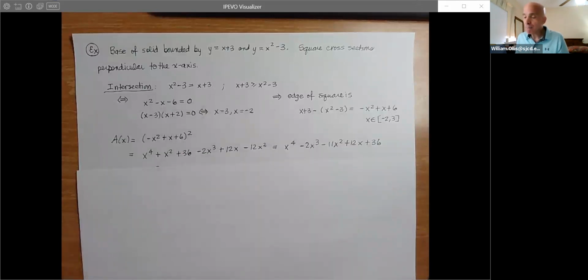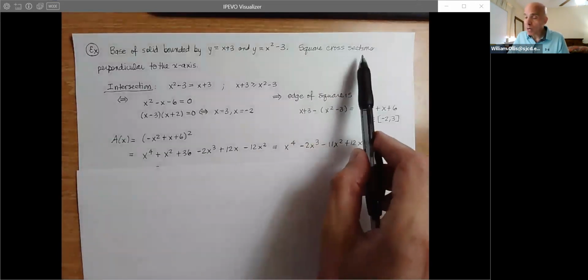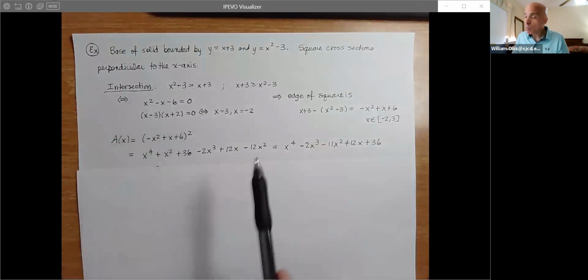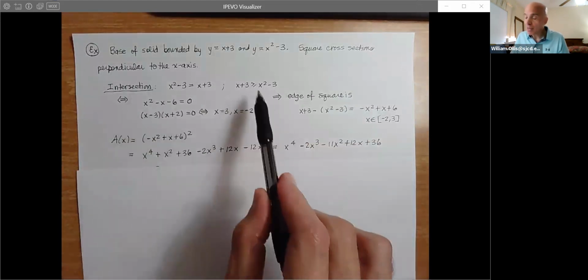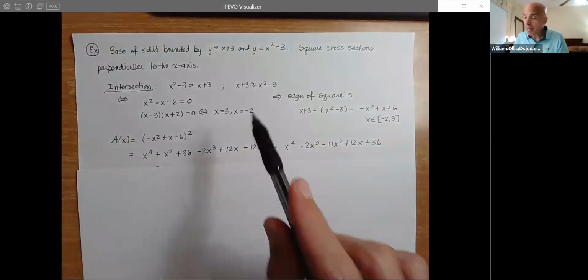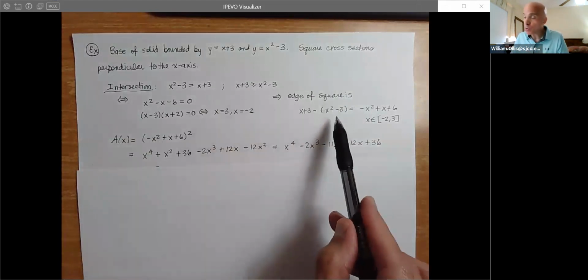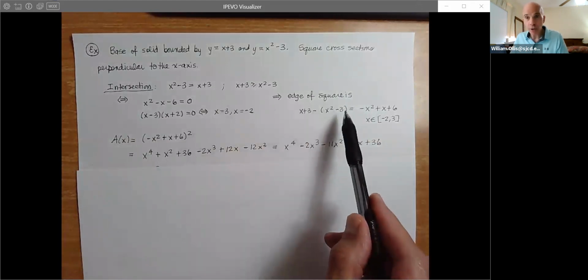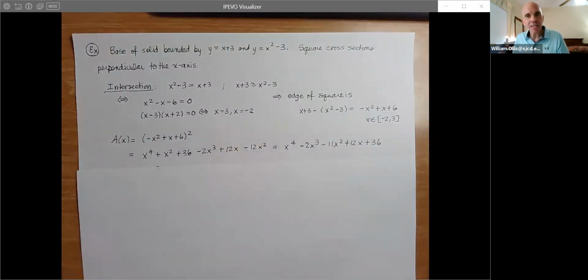Now, what happens is that the cross sections are squares and they're perpendicular to the x-axis. So we can simply take the area measurement here, that is the upper curve minus the lower curve, to get the actual edge of the square. So the base is what gives you the geometry that you need.